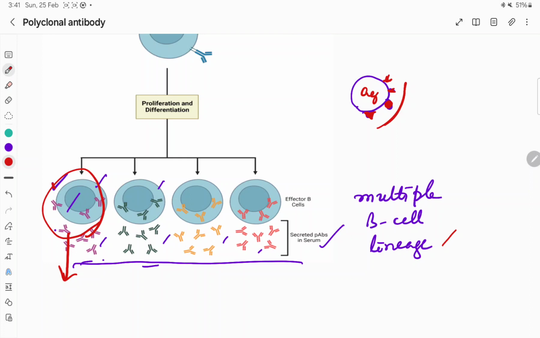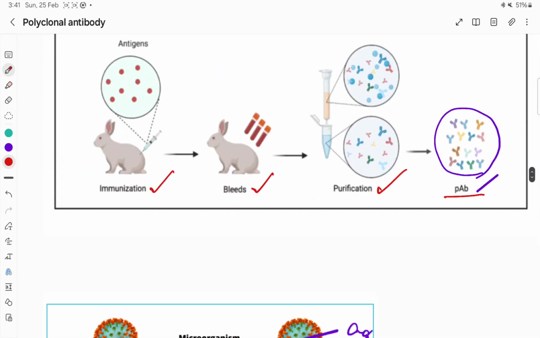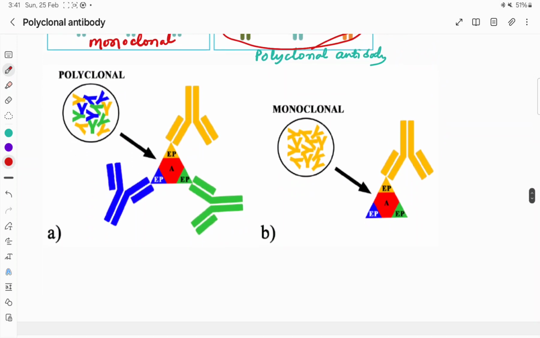But when there is no differentiation of all these B lymphocytes, then we will have a mixture of antibodies, and that mixture of antibodies is called polyclonal antibodies. So I think now it's clear.